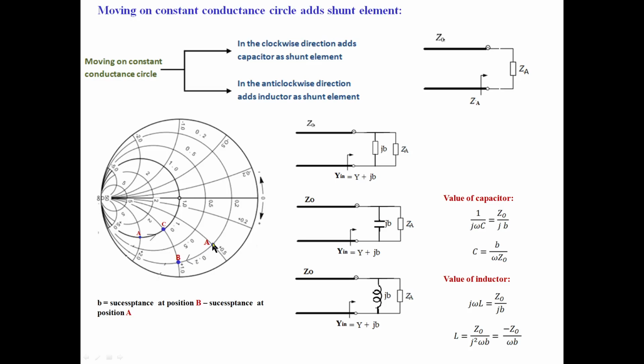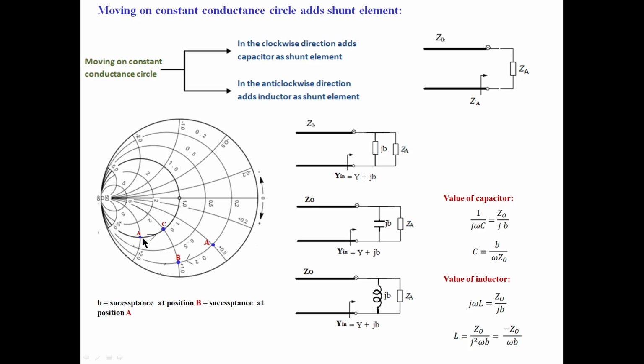The load may be anywhere. In this case, for example, the load is somewhere here, ZA load. This is some conductance circle.